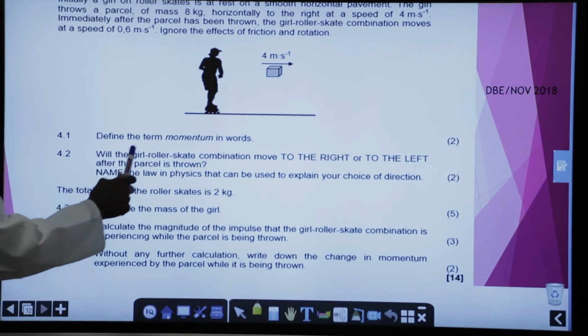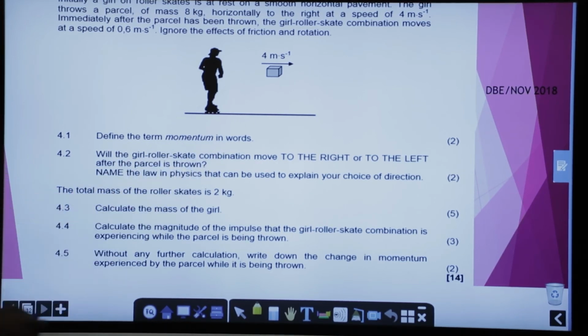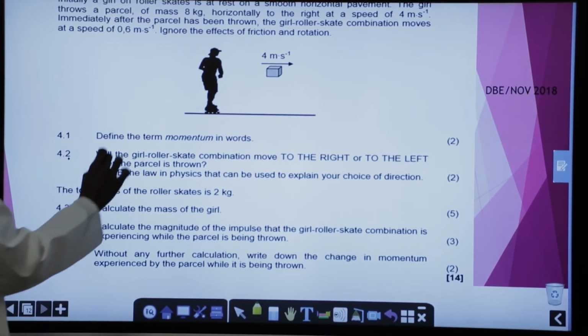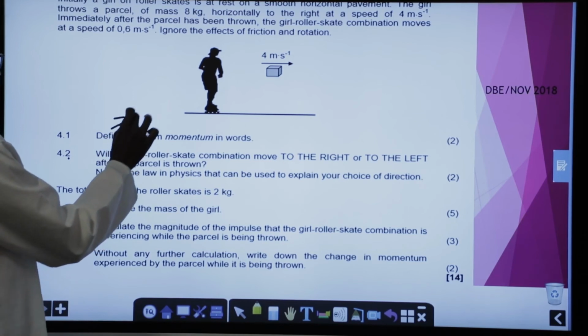The question says, define momentum in words. What do we know by momentum? We know momentum as the product of mass and velocity. Okay, good. 4.2. So we're looking at understanding the concept.